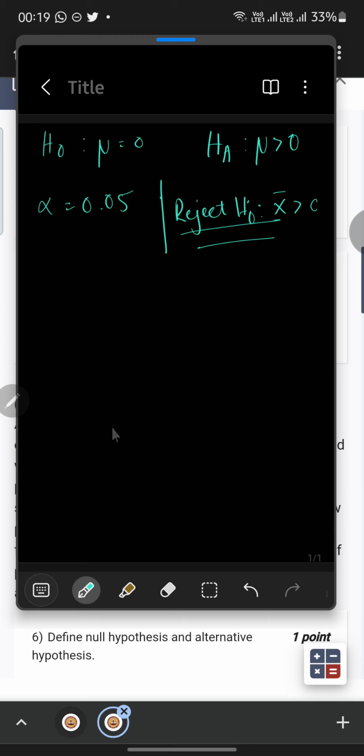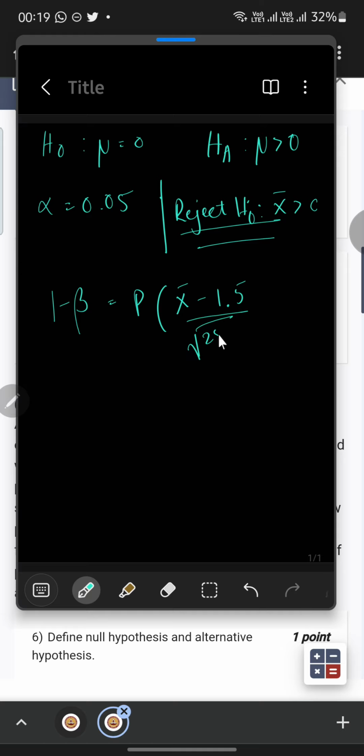Basically from the previous question we can definitely say that we can write the power equals 1 minus beta, and that will be equal to the probability of x dash minus 1.5, right? I hope you get my point here.